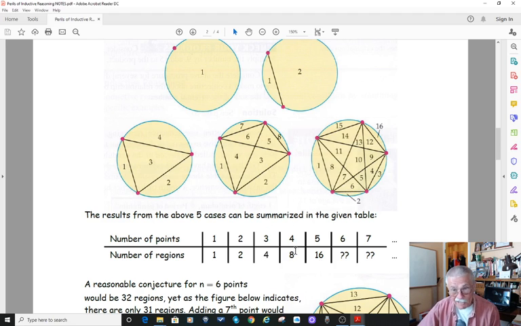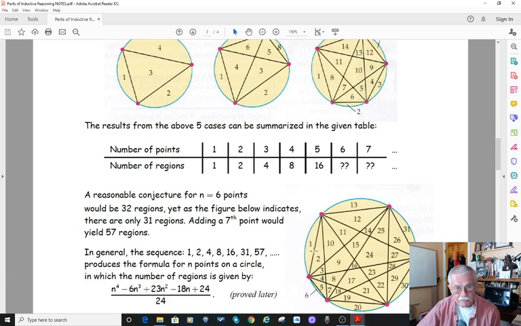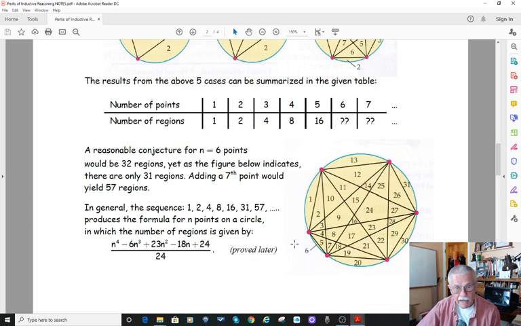So you would guess if you have 6 points arranged around the circumference of a circle, you'd think 32. If you had 7 points, you'd guess, well, double that again, 64 regions. Actually, that doesn't work.